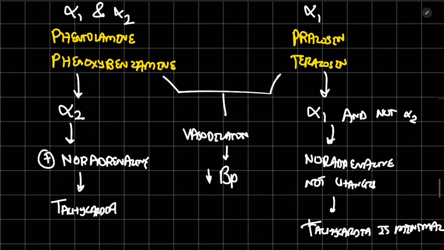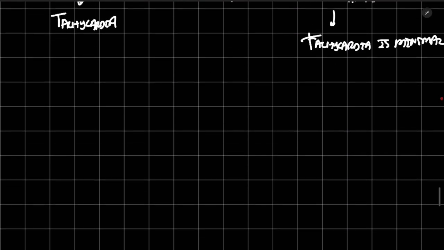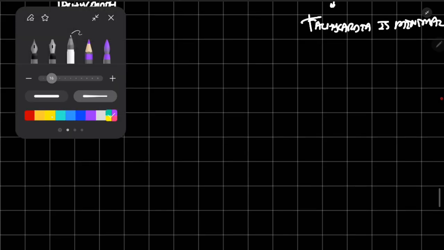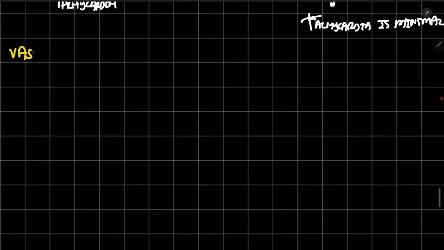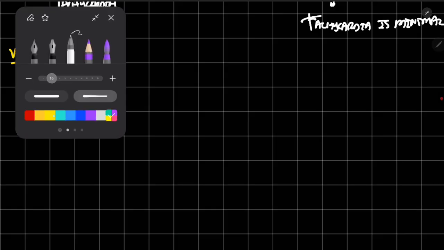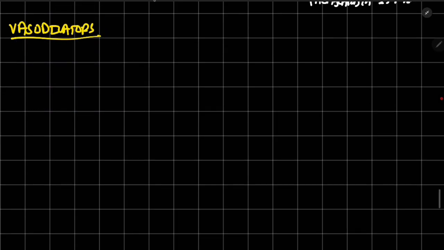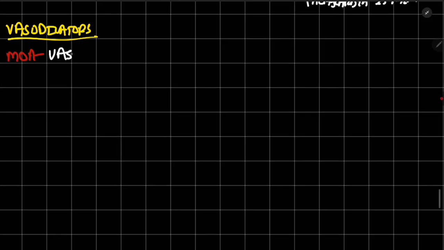Now coming to one more class, vasodilators. This is the shortest and easiest class, because we have far fewer drugs. Mechanism of action will be vasodilation, the name itself says.